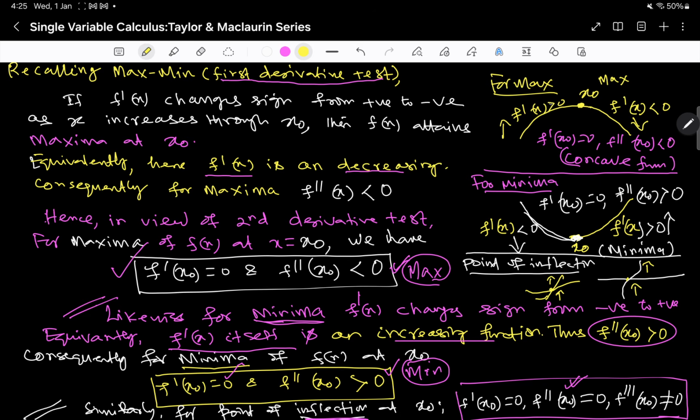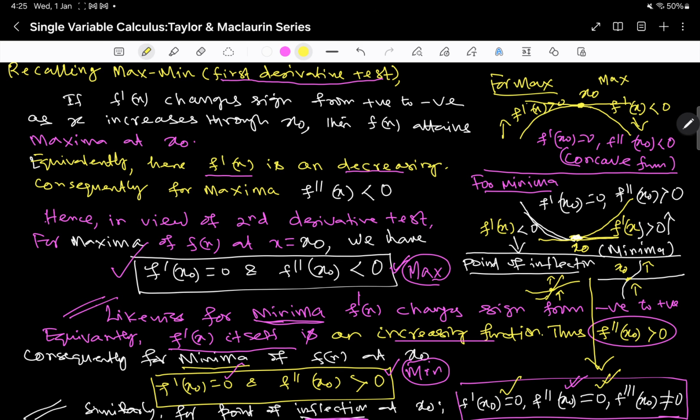Here you see the curve lies below the tangent line, here the curve lies above the tangent line, and here the curve crosses the tangent line at x0. In this case, in point of inflection, we have f dash x0 equal to 0, f double dash x0 equal to 0, but f triple dash x0 not equal to 0.